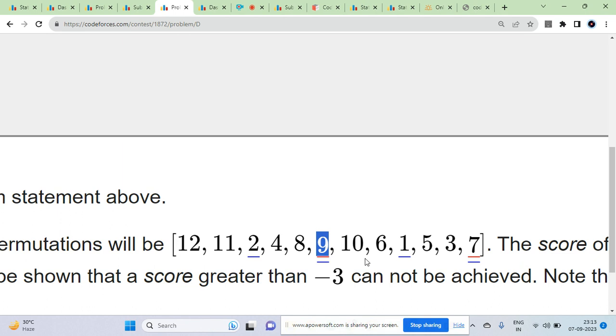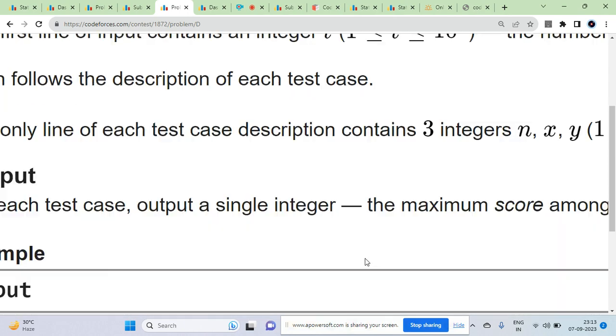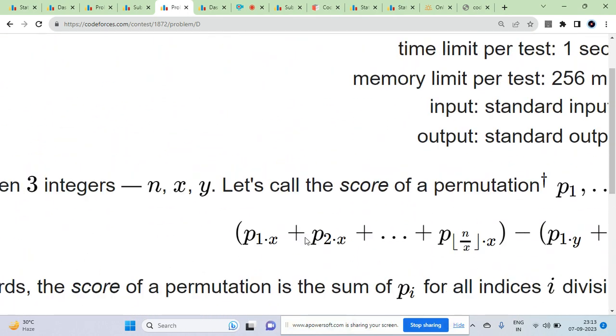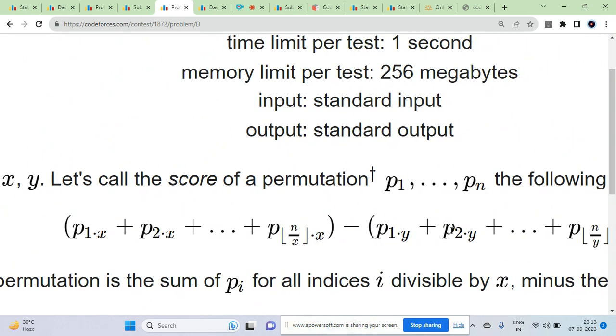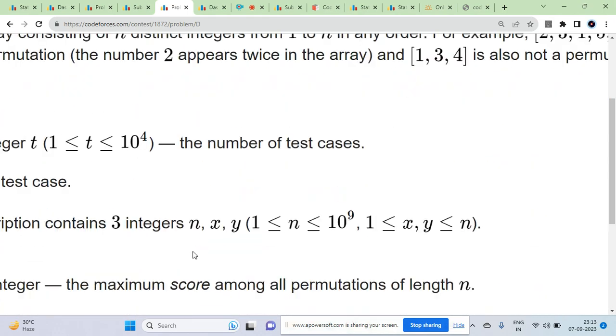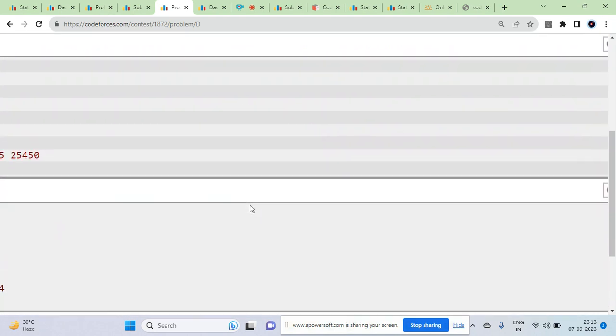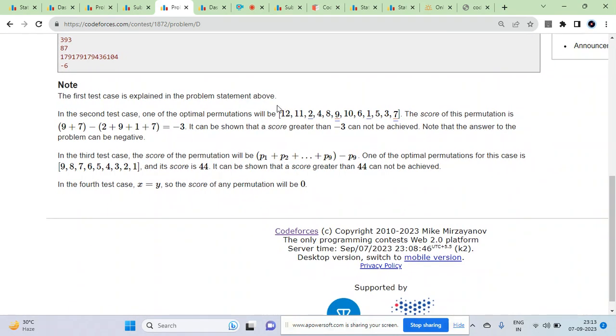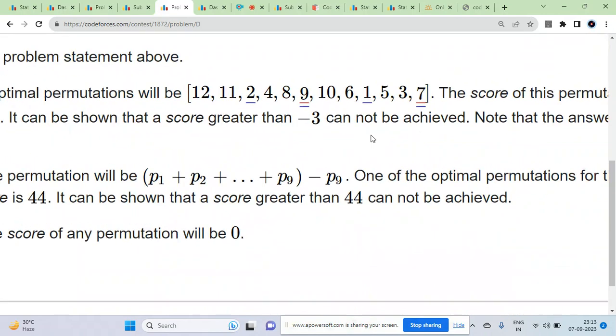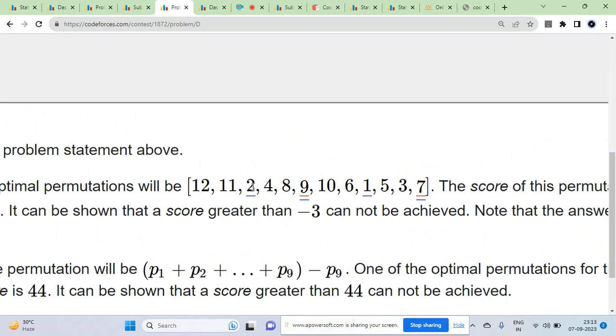Whatever you put is going to cancel: it will come as something like x times k, and y times l, whatever, but they will cancel because there is a minus. So that's what I did: I find the number of multiples of x, of y, and of the LCM. Now, what is effectively coming from the side of x?